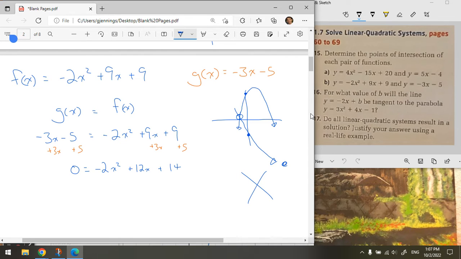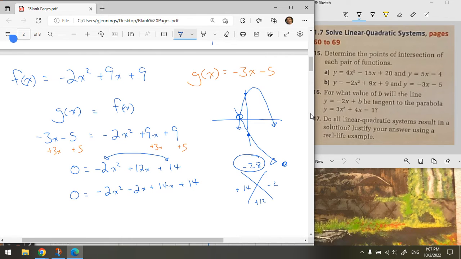Oh, that's too bad. I thought we were going to get to use the quadratic formula here. Yeah, what I did was I found that I can multiply to negative 28 and add to positive 12 with the numbers positive 14 and negative 2. Okay, I got the negative 28 from these two numbers here, multiplying them together. All right, so we go like this. 0 is equal to negative 2x squared minus 2x plus 14x plus 14.